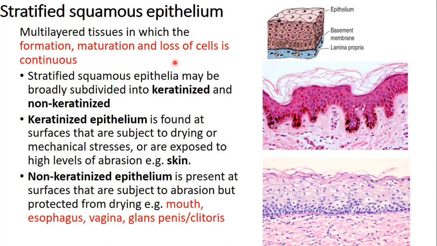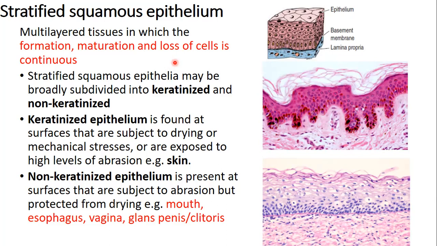You find that type of epithelium. For example, the skin. The skin is always being scratched by something. The clothes that we wear, when bathing, we are scrubbing our skin. Sitting, we are sitting on our skin. All that is mechanical stress, pressure, friction, and what have you.